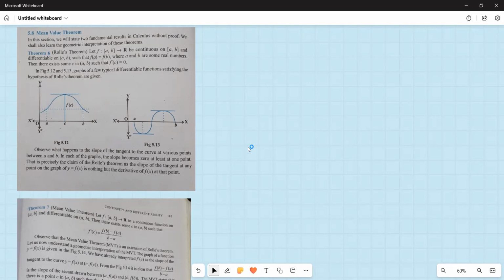Today we are going to start the mean value theorem, Rolle's theorem and Lagrange's mean value theorem. For Rolle's theorem, there are three conditions.